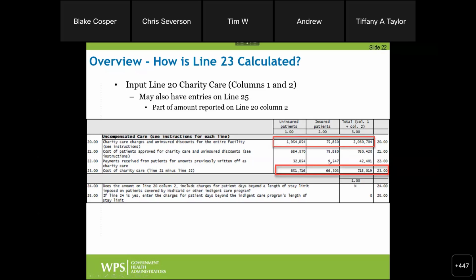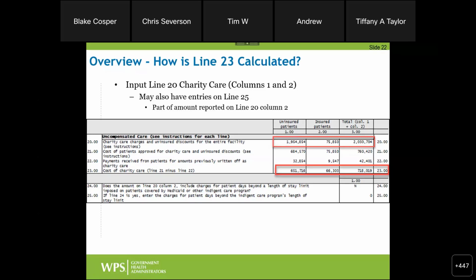Now, I'm kind of jumping to another line. We'll see it a little bit later. But the other thing I want to point out here is that a lot of hospitals have brought up the fact that their policies, whether just provider specific or something statewide, maybe related to their HRSA eligibility, for a variety of reasons, require them to refund any patient payment that was made against a charity care write-off.